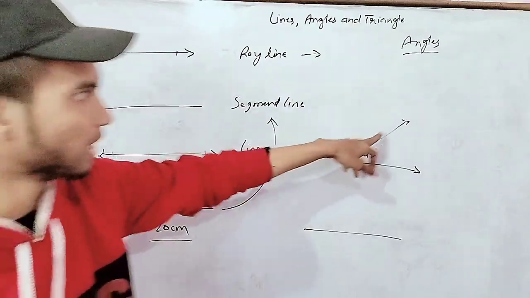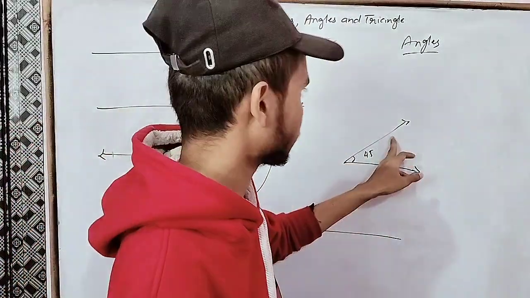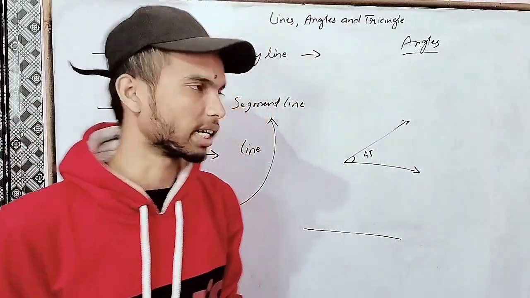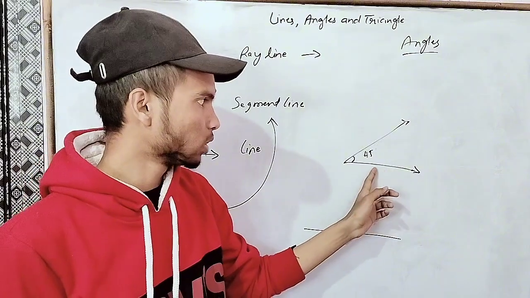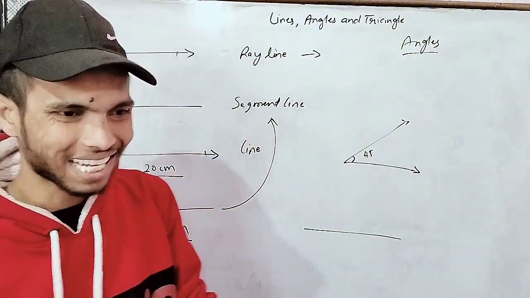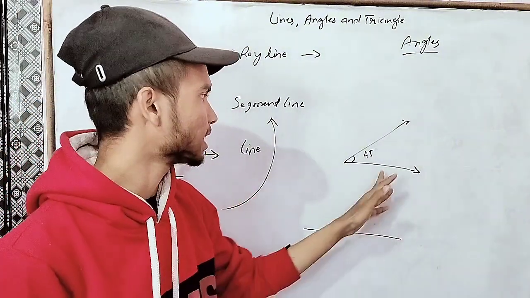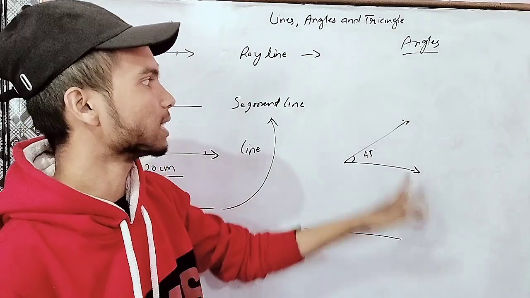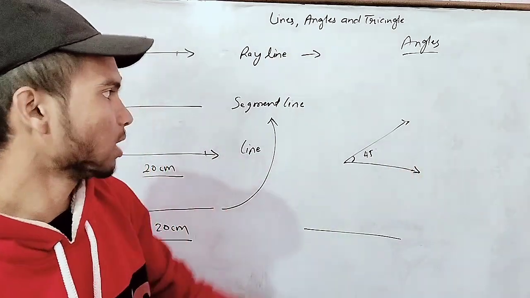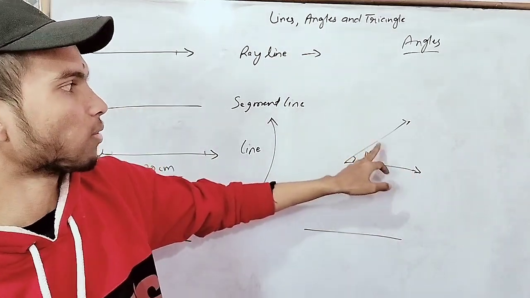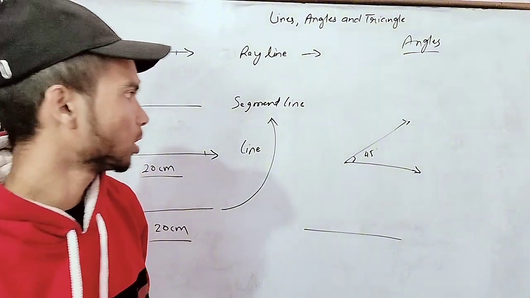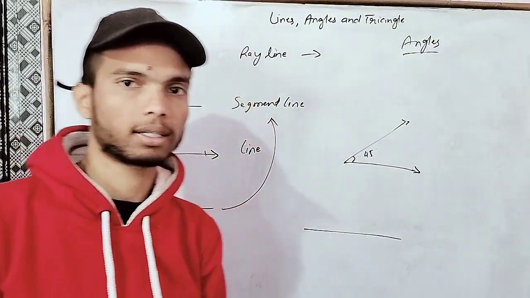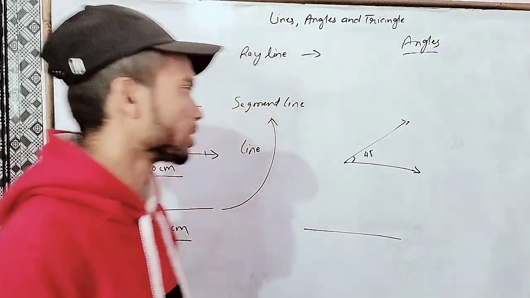So the end of this is at 45 degrees. This line is at 0 degrees, and this line is at 45 degrees. That's why from 0 to 45 we get 45 degrees. The value of this rotation is 45 degrees.